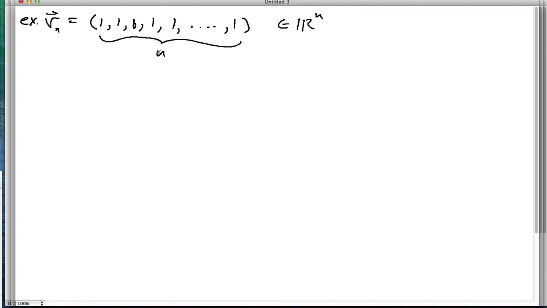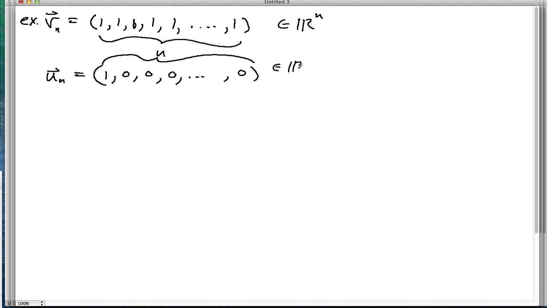And what we're going to do is make n bigger and bigger and bigger and see what happens to the angle. And then we're going to try another vector, un, and it's just going to be the vector 1, 0, 0, 0, dot, dot, dot, all the way to 0. And it will also have n entries. It'll be in Rn as well.